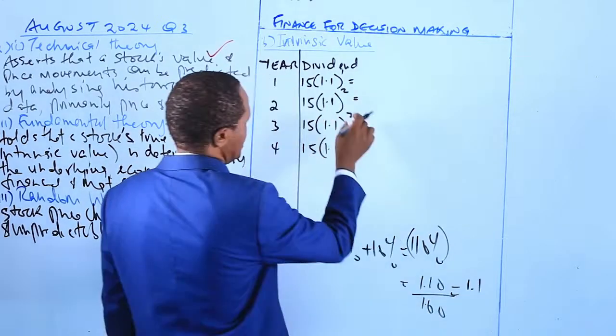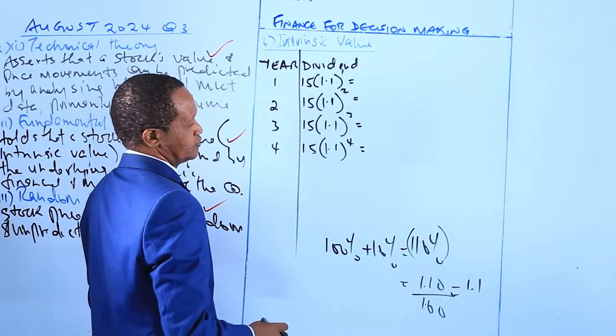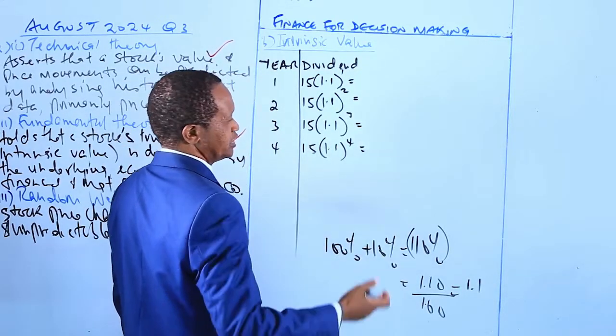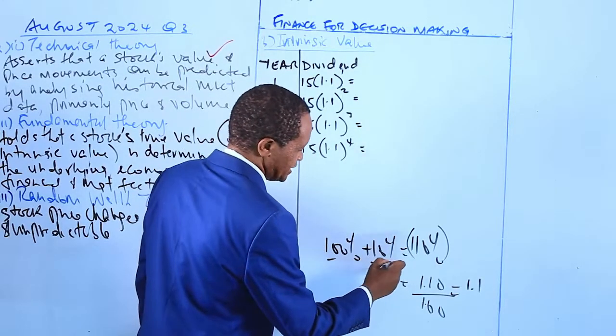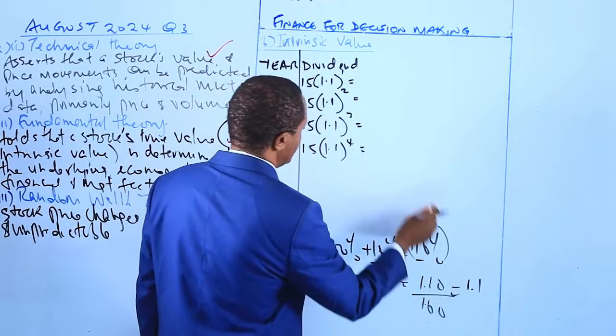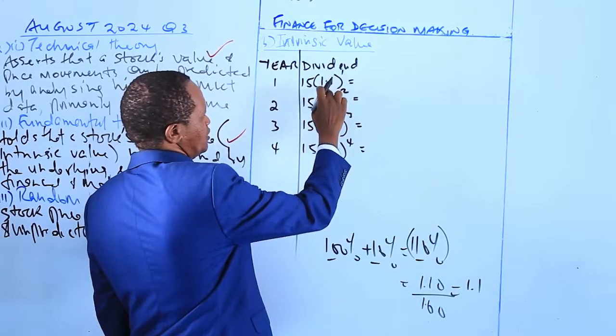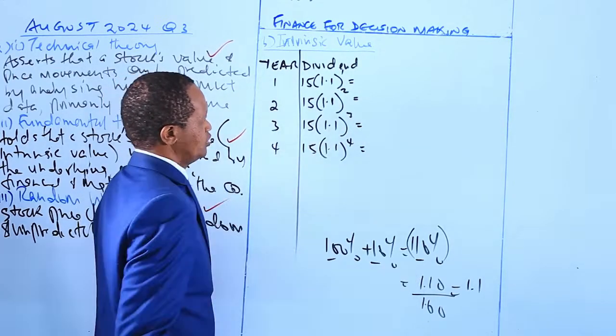That's how I get 1.1. It is growing by 10%, so 100% plus 10% gives us 110%, which we convert into decimal to get 1.1. Then that's how you grow it.